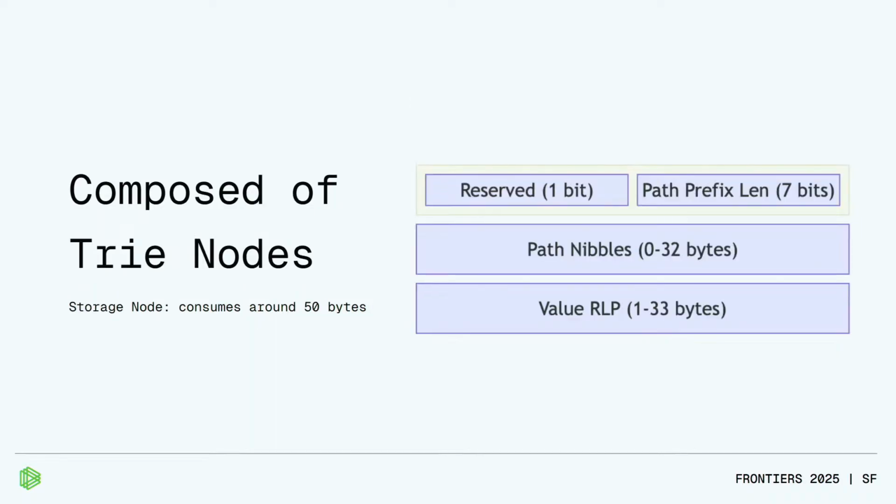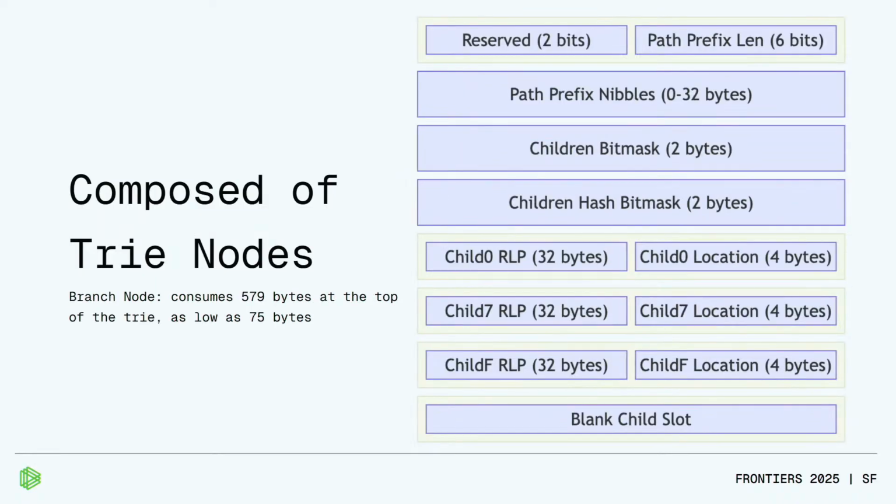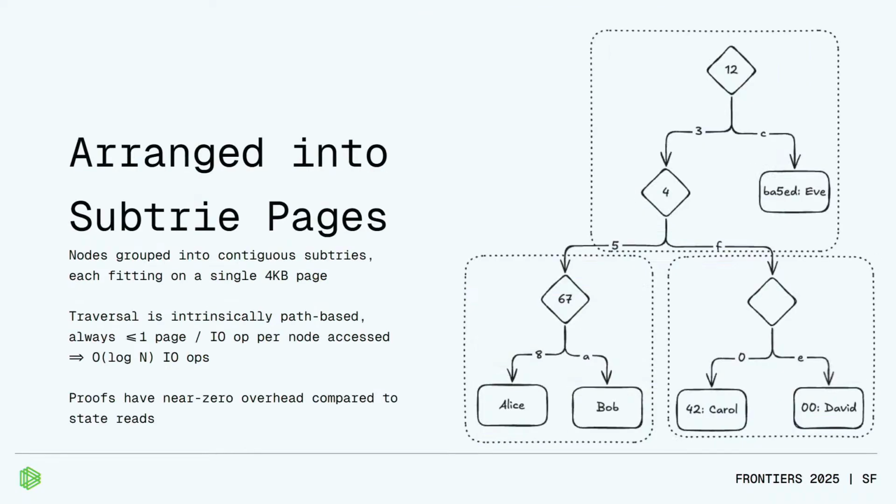You have storage nodes, which are true leaves at the very bottom. And then you have all your branches in between. Branches end up pointing to children somewhere else on disk, and also carry the hash of that child. And we're using a variable size branch factor right now so that you don't waste too much space where you have only a couple children.